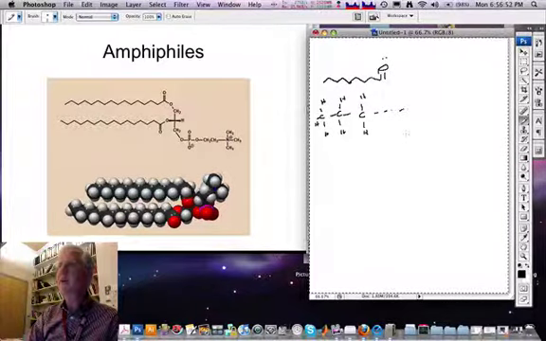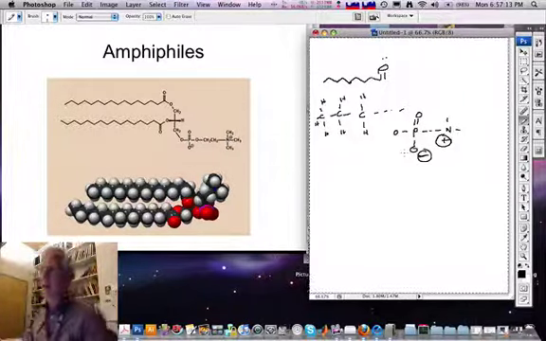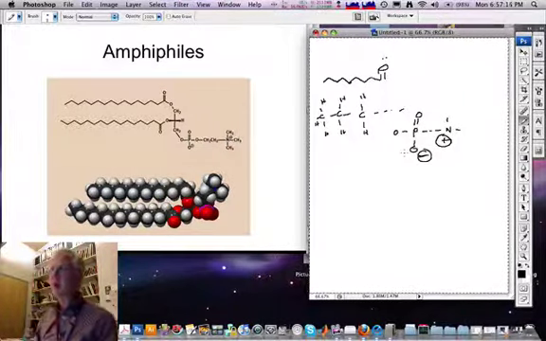Notice the phosphorus here. And then coupled via a couple of methylene groups and an oxygen to this group here, which is positive. So this has a large dipole moment. Once again, it's a zwitterion.